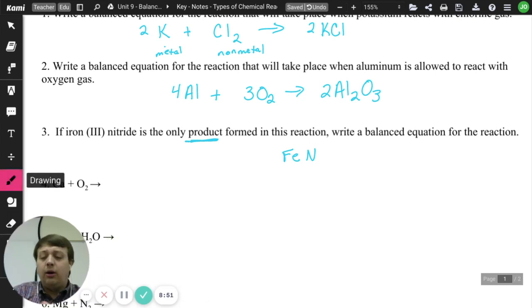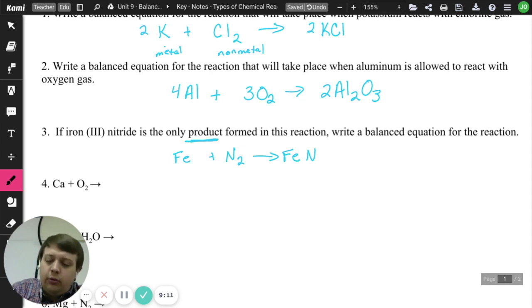So what did I start with, though? Well, I started with an iron and nitrogen, right? So I have nitrogen. Remember, nitrogen is a diatomic, and iron. We would need to go in and balance, so we'll put a 2 right there and a 2 right there, and then that would be balanced.